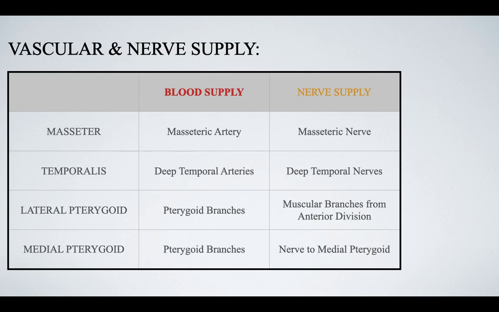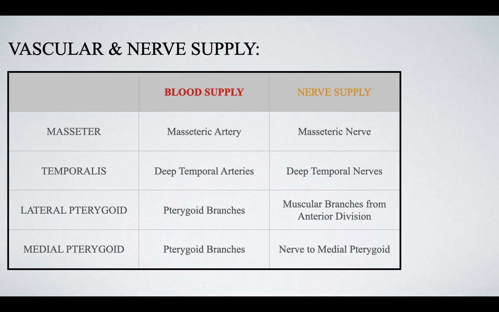Coming to vascular and nerve supply, since these muscles are derived from first pharyngeal arch, these are supplied by the nerve of that arch, that is mandibular nerve. The masseter, temporalis and lateral pterygoid derive their supply from the anterior division of mandibular nerve, whereas the medial pterygoid derives its supply from the main trunk.